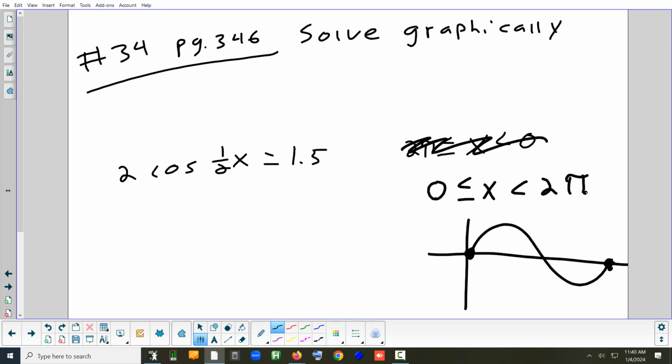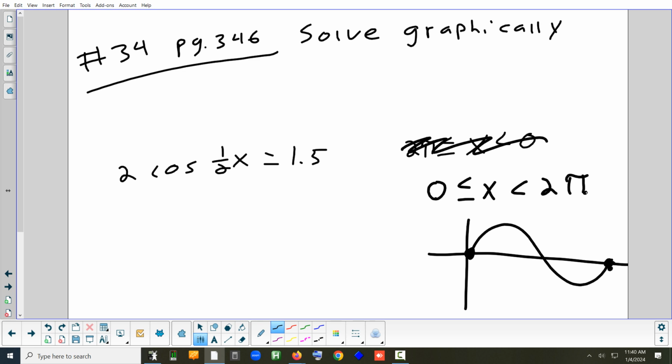All right, now they want us to see where the cosine graph is going to hit 1.5. Does cosine ever hit 1.5? What do you think? If you just draw a regular cosine, would it hit 1.5? No. No, it would only hit what? 1. So yeah, negative 1 to 1.